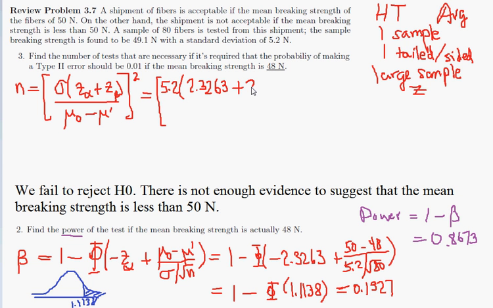So by coincidence, Z sub beta is equal to Z sub alpha because the sought-after value of beta is the same thing as the significance level alpha for this problem, divided by 50 minus 48, whole thing squared.